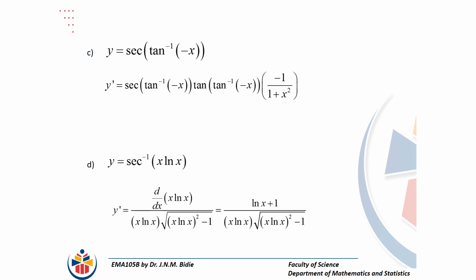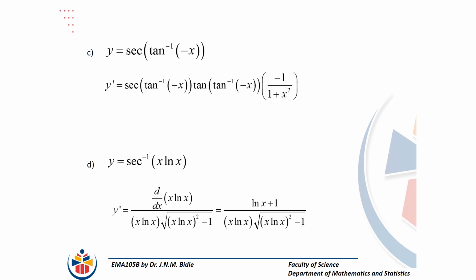Note the argument of sec is arctan of negative x, and the derivative of sec is sec tan. So that means it will be sec of arctan minus x times tan of arctan minus x. Thereafter, you go back. What is the derivative of arctan? Derivative of arctan is 1 over 1 plus x squared multiplied by the derivative of negative x, which is negative 1. I'm hoping we understand each other.